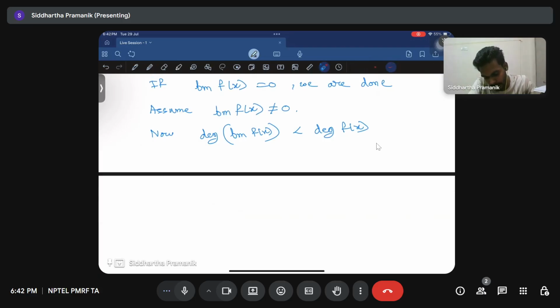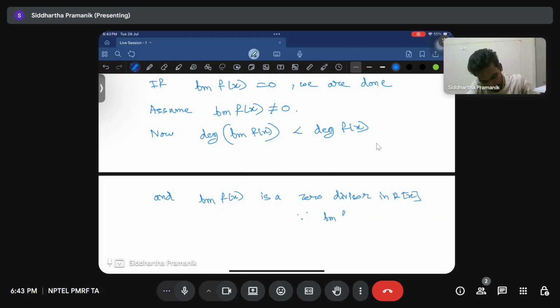And bm f(x) is a zero divisor in R[x] because bm f(x) times g(x) is 0.